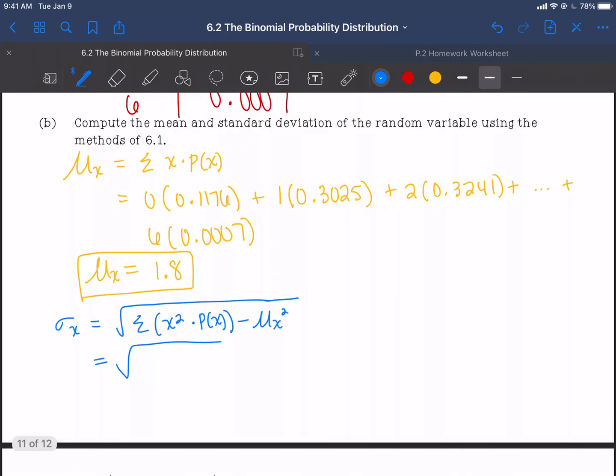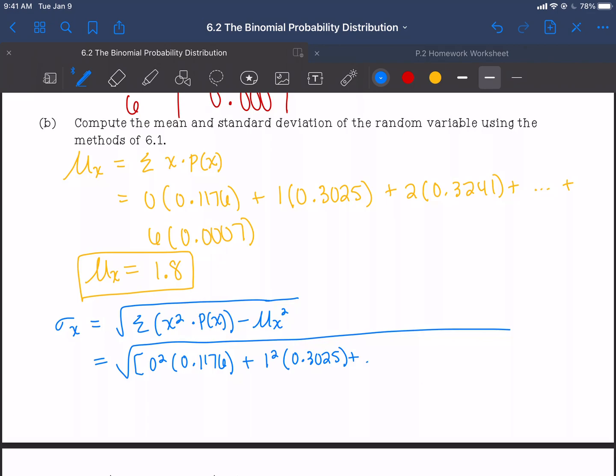So that would be taking the square root of, we would take 0 squared times the probability of x being 0, which is 0.1176, plus 1 squared times 0.3025, plus all the way up to 6 squared times 0.0007, and then we subtract the mean of x squared, which is 1.8 we just found.